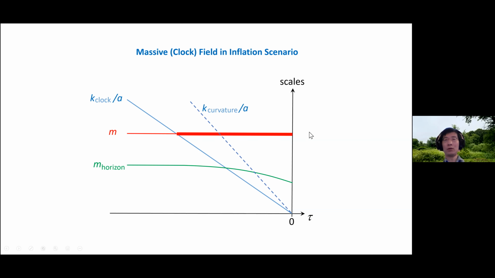If we look at the physical wave number of the inflaton, if this wave number is larger than that of the massive field, you always see an intersection between this physical value and the mass. Now, this is the resonance point that I will explain shortly, which is crucial for generating the clock signals. It also explains why the clock signals happen with a shape dependence in non-Gaussianities when the two momenta take hierarchical values, because you require k curvature to be larger than k clock. So there is a squeezed limit.